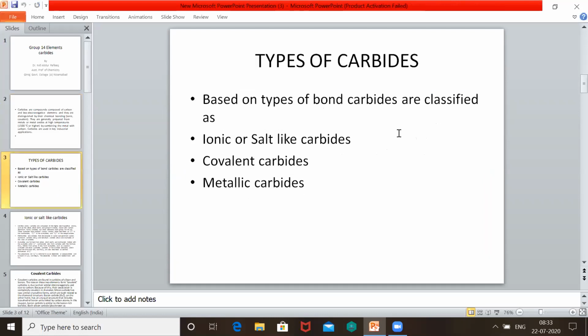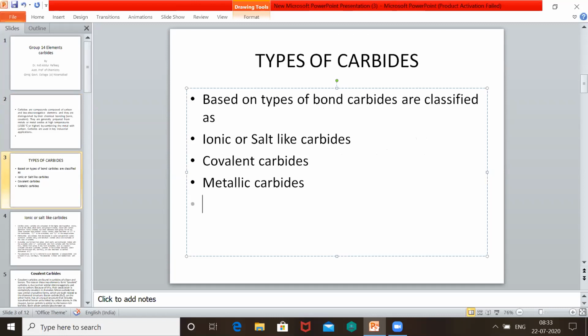Then we were seeing the types of carbides. We have different types of carbides: ionic carbides, which are also called salt-like carbides, then covalent carbides and metallic carbides. And there is another type that we call interstitial carbides.